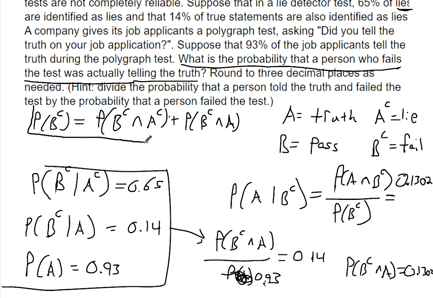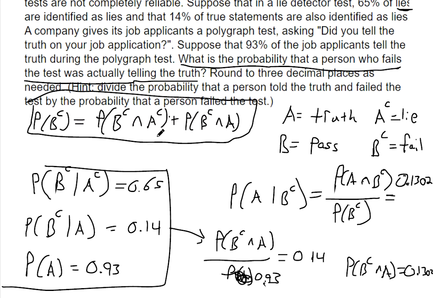Okay, and so I didn't come up with this from the textbook or anything like that. This just comes from logic, right? The probability of somebody failing the test is the probability of somebody failing the test and telling the truth plus the probability of somebody failing the test and lying.